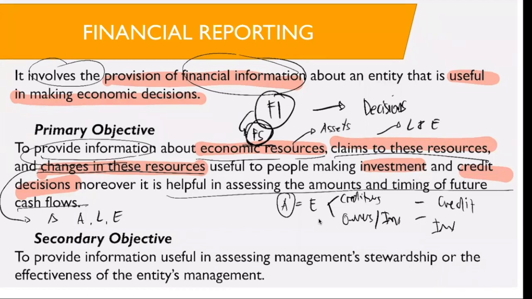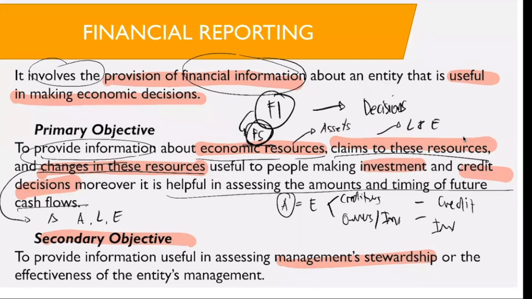Okay, we go now to your secondary objective. The secondary objective of financial reporting is to provide information useful in assessing management stewardship. So another objective, management stewardship. When we talk about management stewardship, we talk about the efficiency and effectiveness of your management in using your economic resources to provide profit or to provide cash flows to the entity.